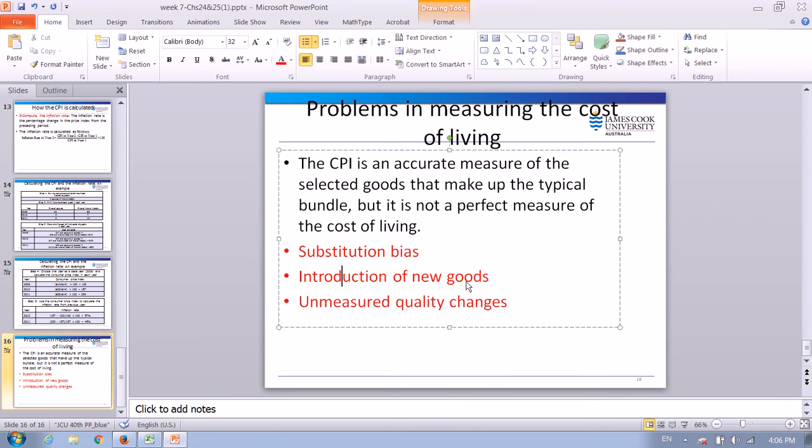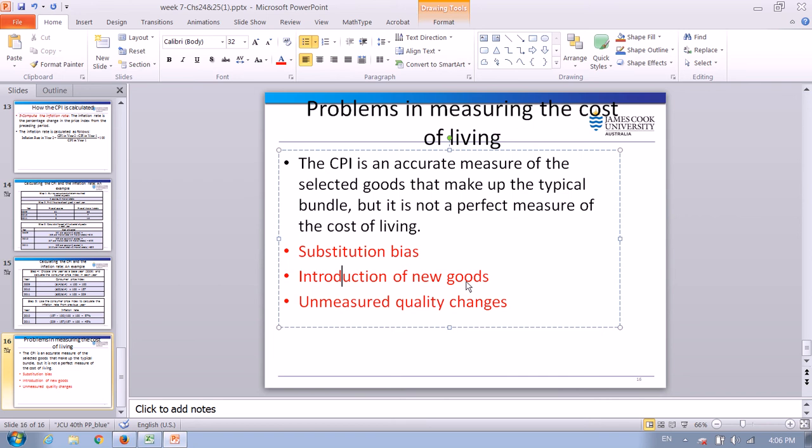And CPI also does not account for the introduction of new goods. So if there's a new good, say the smartphone, the iPhone is invented, and now you have more options. So the dollars you have in hand have more purchasing power in this sense. And this is not captured in the CPI calculations.